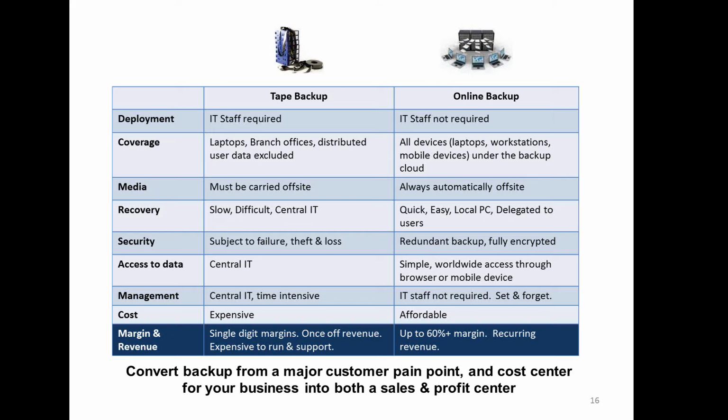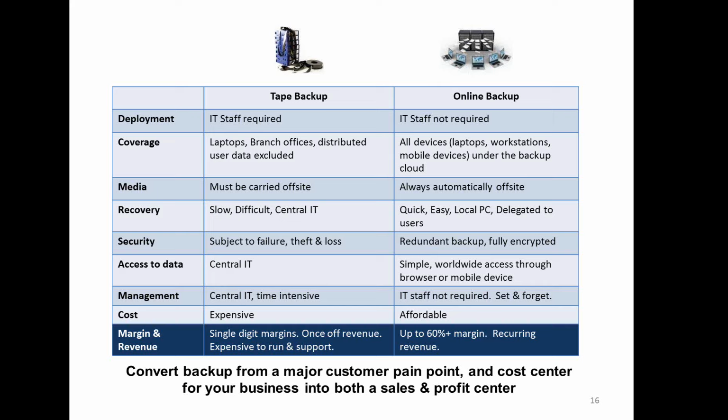In terms of coverage, and this actually talks to Roger's question, with tape backup, the only things that can really be handled are tethered devices within one site. So a server is going to be covered, and perhaps the workstations are, but laptops are nearly never covered by tape-based backup solutions or centrally architected disk-based backup solutions too. Branch offices are nearly always excluded or outside of the centralized data protection regime. Whereas with online backup, every single device is under the backup cloud.